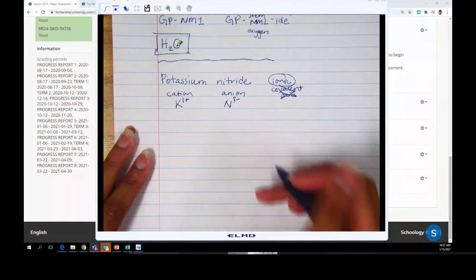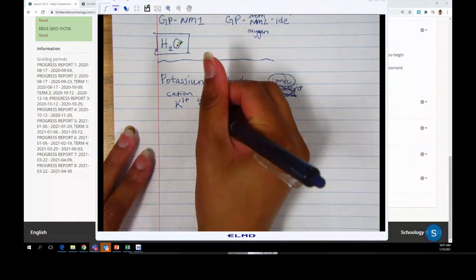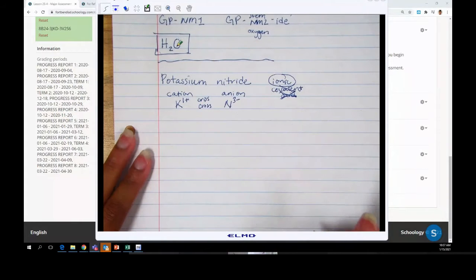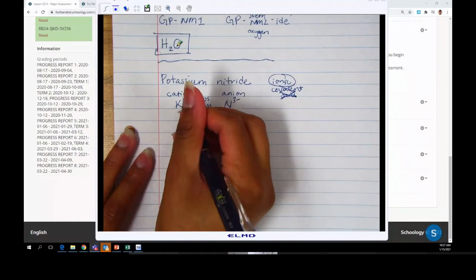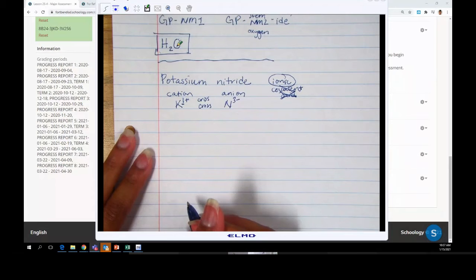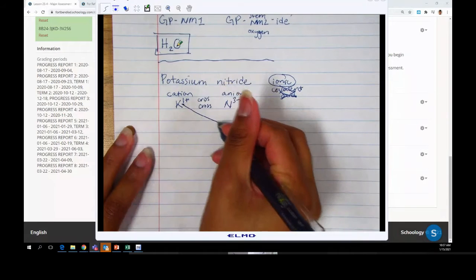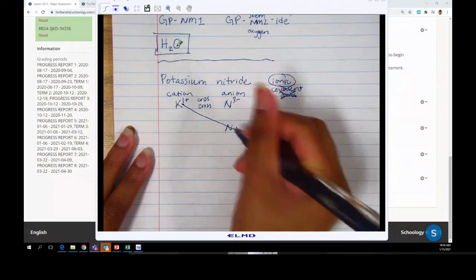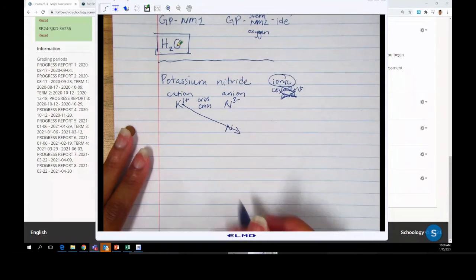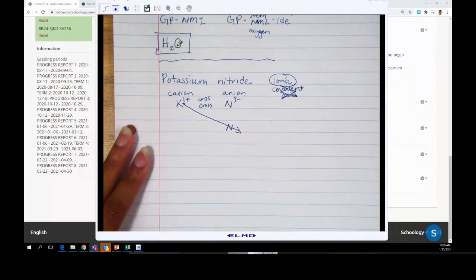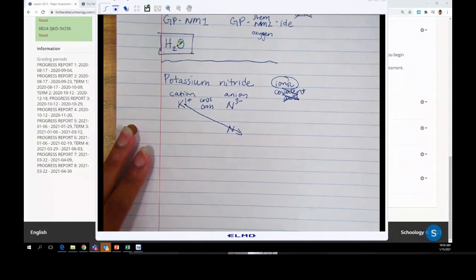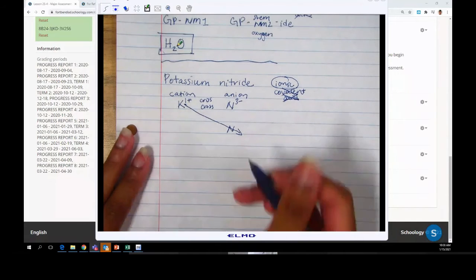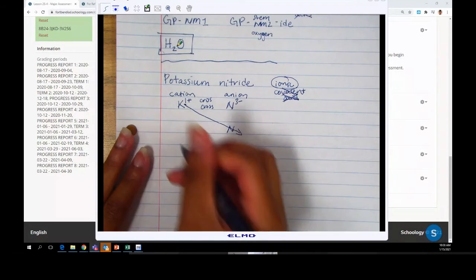Cool. Now we have to crisscross. Of course, the magnitude, this 1 on my cation's charge, is going to crisscross and become the subscript on my nitrogen. But if it's a 1, do I write the subscript 1? No, I'm not going to write the subscript 1, so I'm going to just leave it blank.